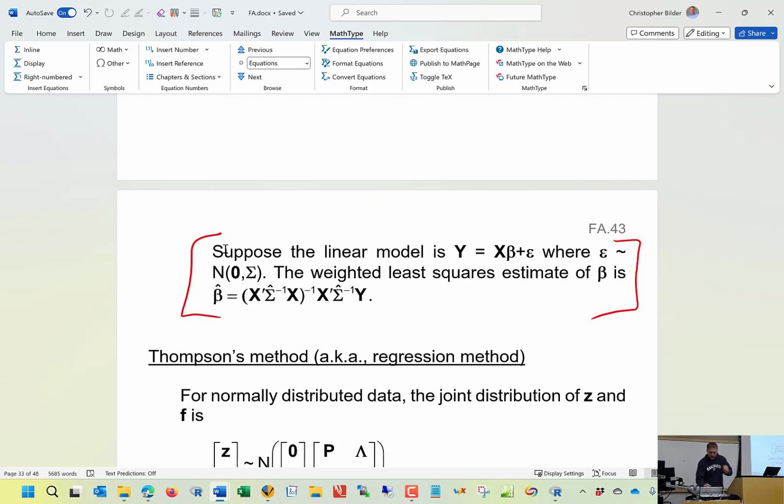And so normally with regular old least squares, and we saw this earlier in the course, in terms of matrices, our beta hats are estimated by x prime x inverse x prime y. With weighted least squares, we now have to insert the estimated covariance matrix. That's the only difference. Okay?